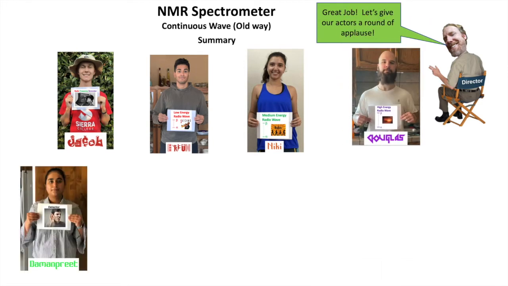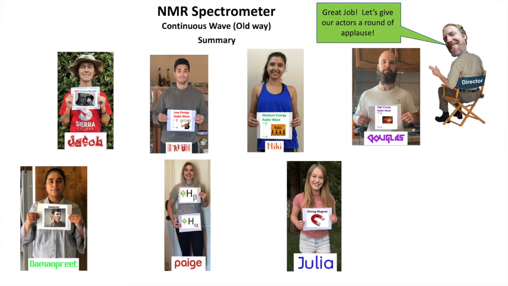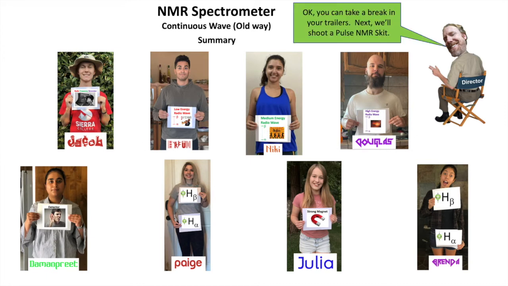And Damanpreet, our detector, Paige, our alpha and beta spin state, and Julia, our magnet, and Brenda, our other alpha and beta spin state. Good job. Okay, you could take a break in your trailers. Next, we'll shoot a pulse NMR skit.